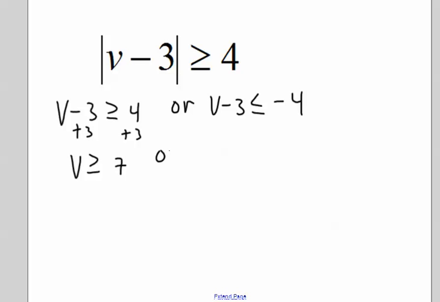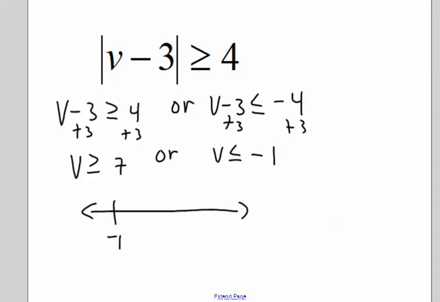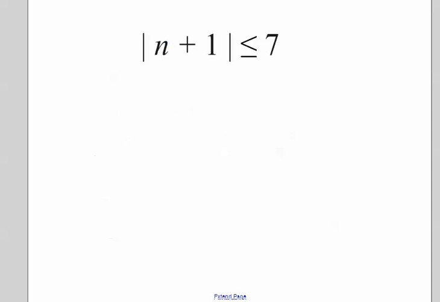Or you add 3 here and add 3 here, and you get v is less than or equal to negative 1. Now if we were to graph this, negative 1 is going to go right here, I've got a solid circle, and I go to the left. And then here I put a 7, with a solid circle, and I go to the right, just like our compound inequalities. See, I told you this is easy. Easy breezy, cover girl.